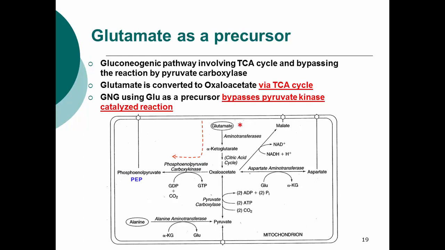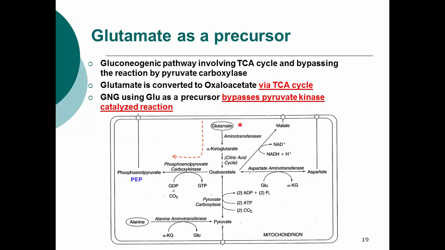So what you should remember here is, if we use glutamate as the precursor, first of all, it only involves the three key reactions, one in the mitochondria and two in the cytosol.